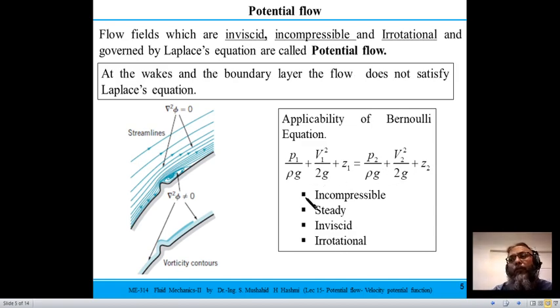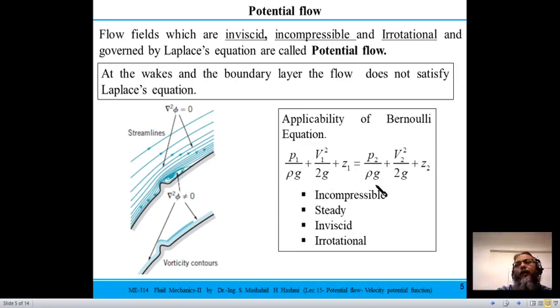It is a very popular equation, especially in the fluid mechanics 1 course, and we will use it in fluid mechanics 2 as well, but we should understand that it has its own limitations. It should not be used for flows which are compressible, transient, or viscous, or where the condition of irrotationality is not satisfied. We cannot use it in such cases, so we must understand the limitation of this Bernoulli solution.